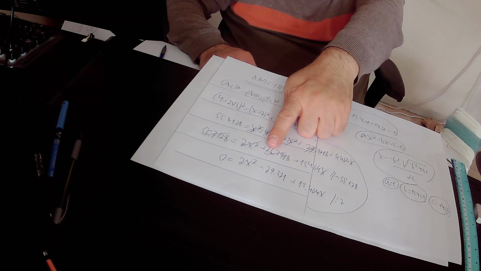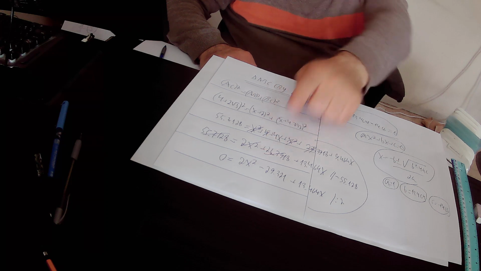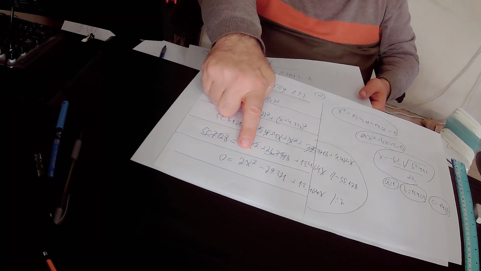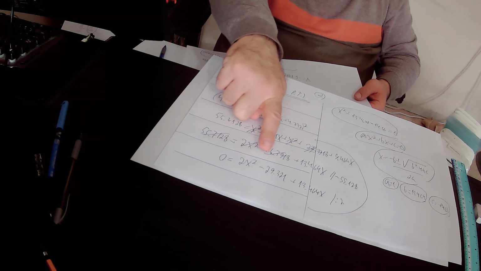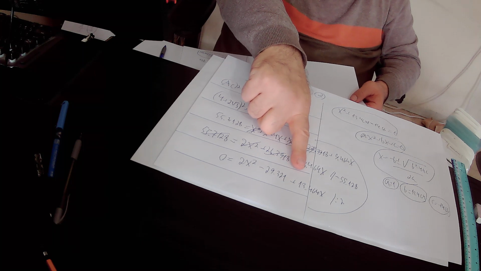Here we divided this quadratic equation by 2. After we divided it by 2, 2x squared over 2 is x squared, minus 29.321 over 2 is minus 14.66, and 13.464x over 2 is 6.732x.